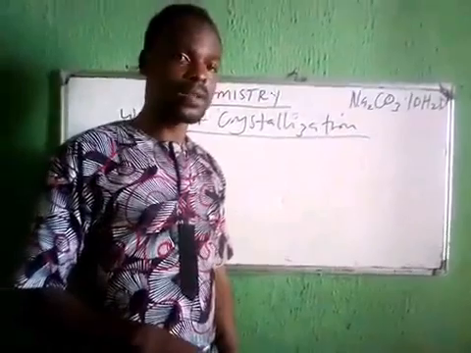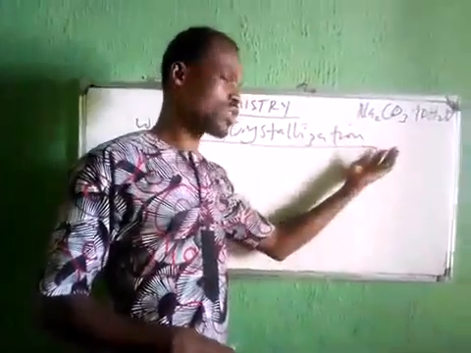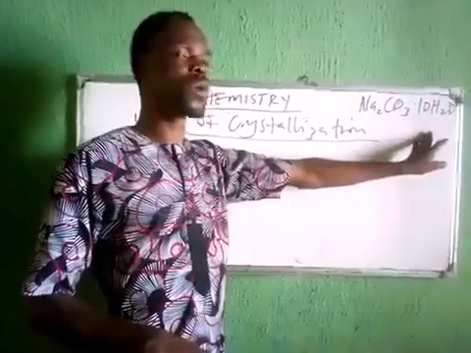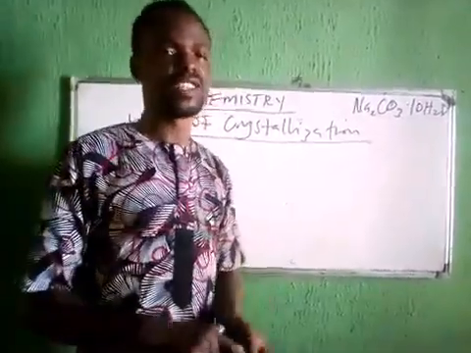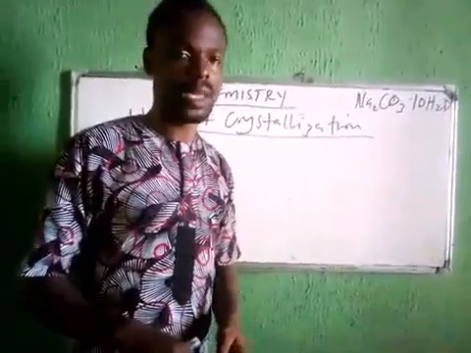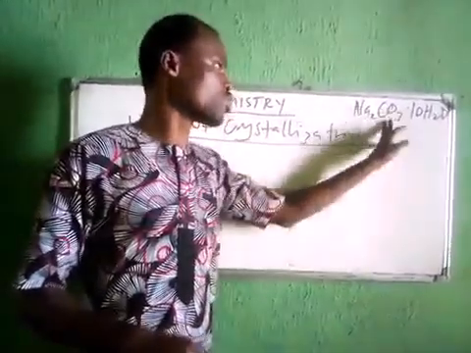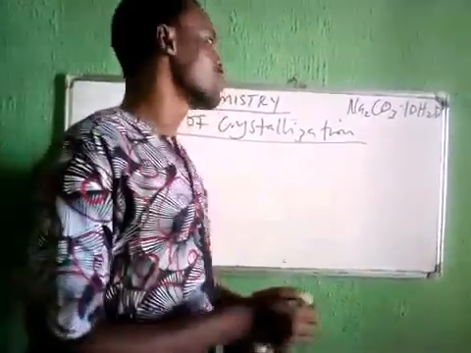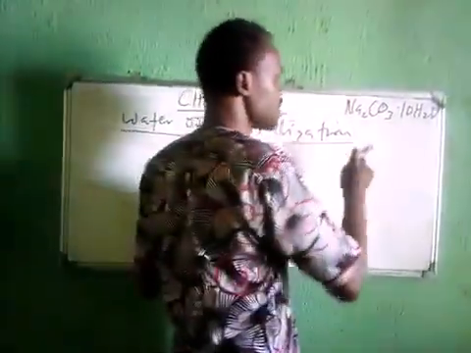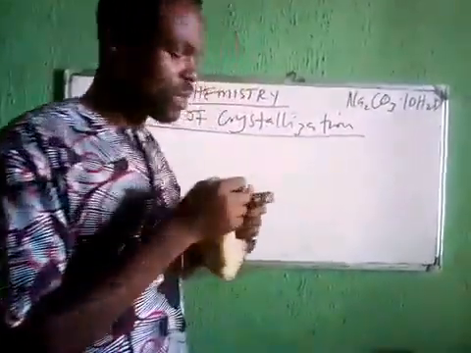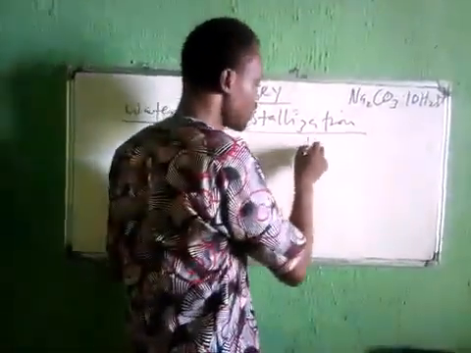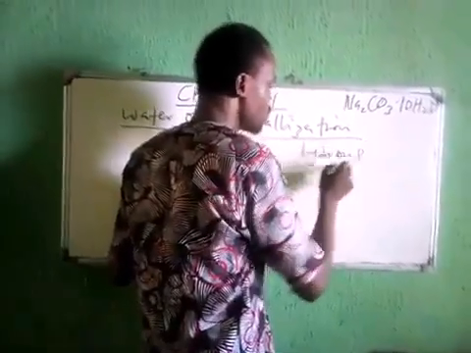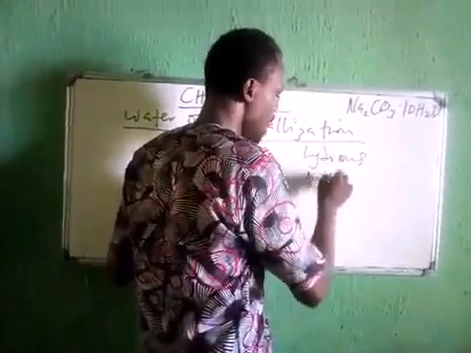Okay? Good. Now, such salts that contain water of crystallization are what we call hydrates. They are hydrates. We say they are hydrous in nature. Now, anhydrous means that it does not have water of crystallization.